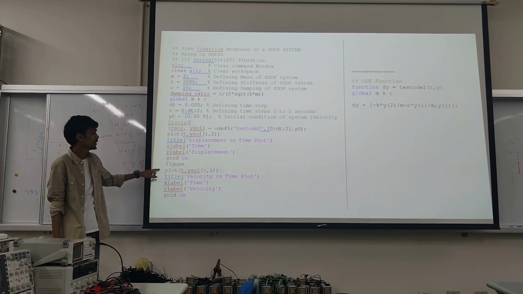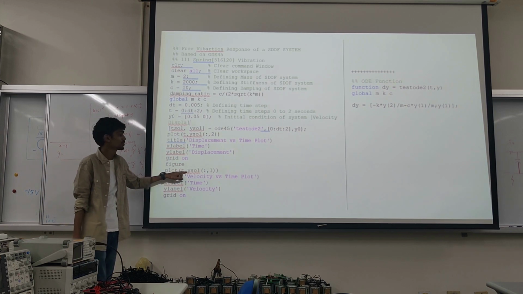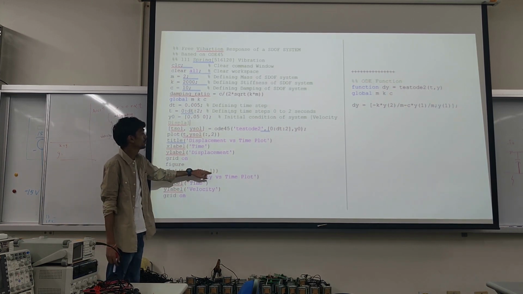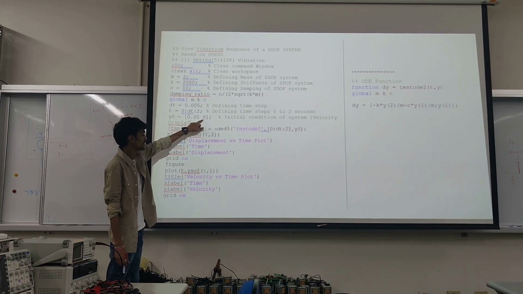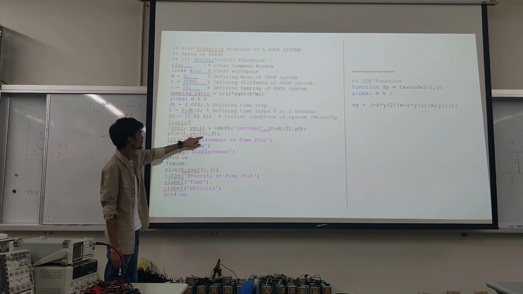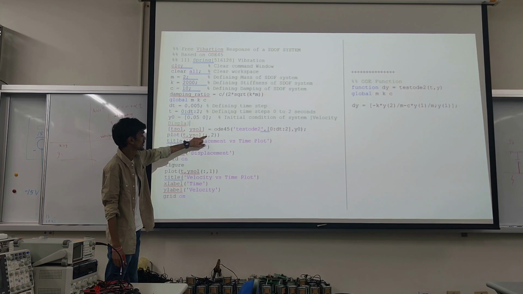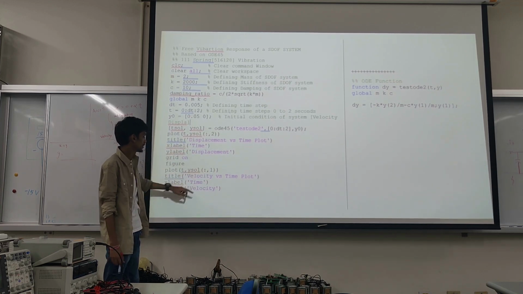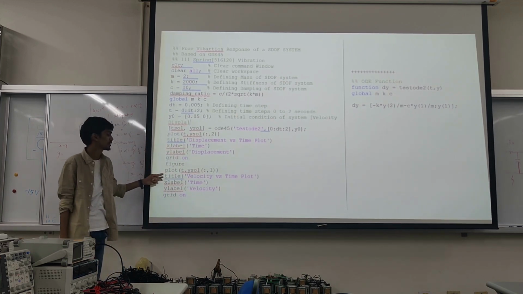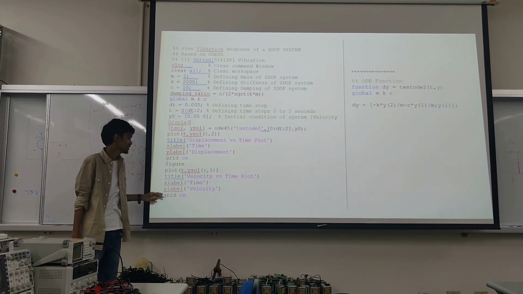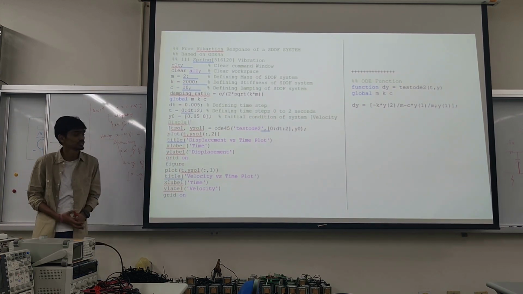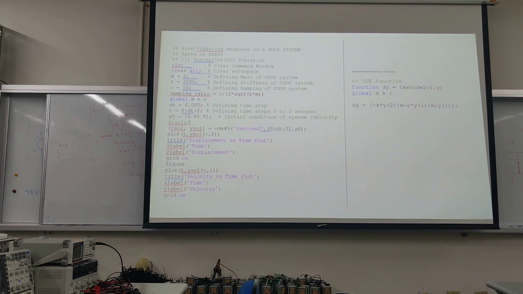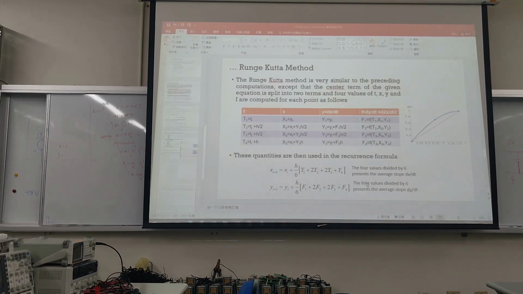Similarly, for the velocity, plot t comma y solution 1. One is our velocity, and the second one is displacement. So the displacement we have already calculated for the second one, and the first one is for the velocity. So similarly, we are going to plot velocity versus time, with x label time and y label velocity. So this is the code for the free vibration.